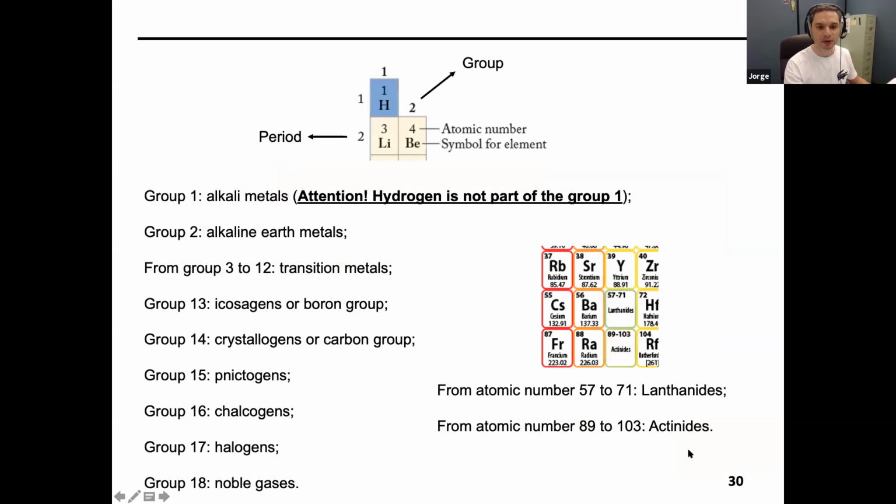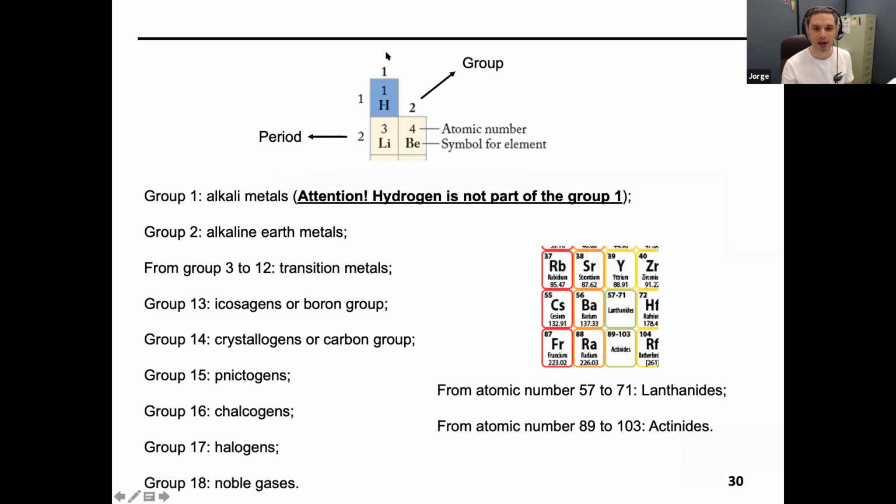Okay, so just to be more organized, the number on top of each column in the periodic table is named group, and the number of each row in the periodic table is named period. Okay, so some better names instead of calling them columns and rows.